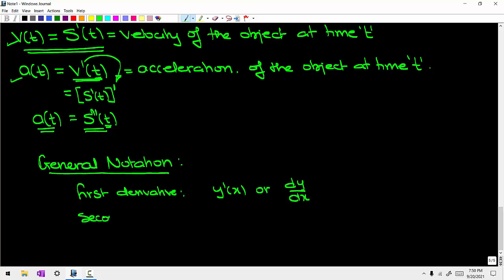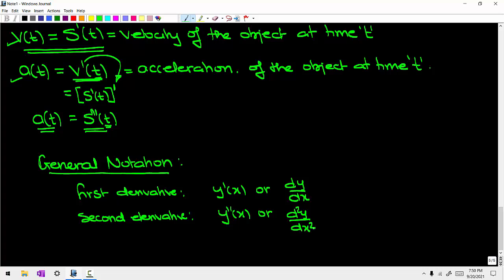The second derivative would be y double prime of x, or d squared y over dx squared.